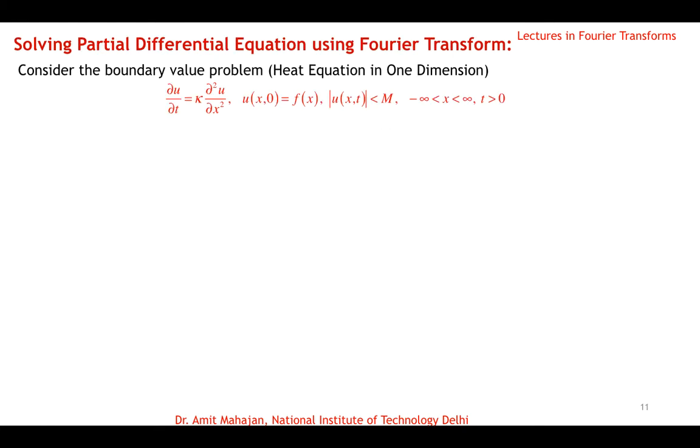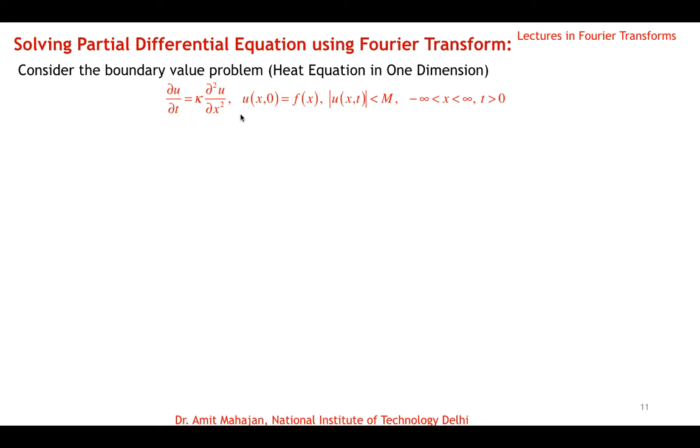Let us also give one example of how to solve a partial differential equation using a Fourier transform. Consider this boundary value problem, which is a heat equation in one dimension, with the initial condition that at time 0 the heat is given by f(x).